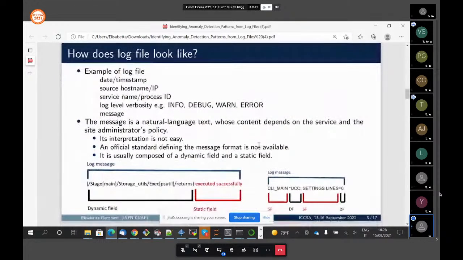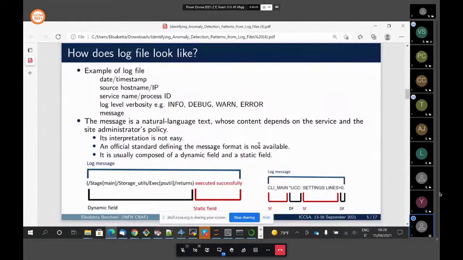The log file usually contains a set of information such as date or timestamp, source name and IP address, service name or process ID, log level verbosity, like info, debug, warning, error, and the message itself.